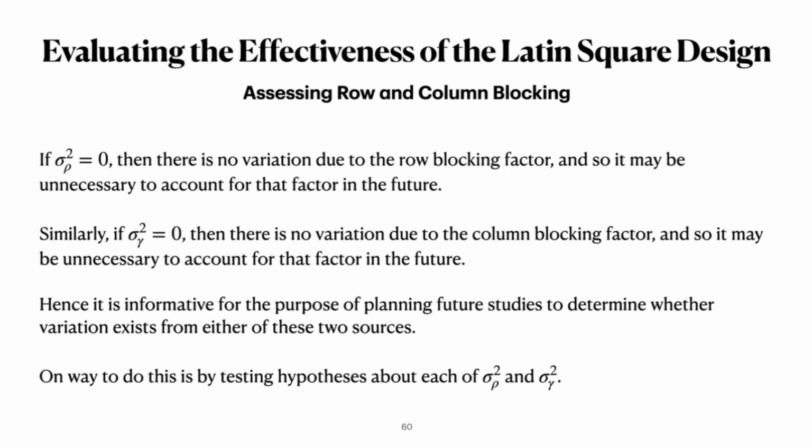Hence, it is informative for the purpose of planning future studies to determine whether variation exists from either of these two sources. One way to do this is by testing hypotheses about each of sigma squared sub rho and sigma squared sub gamma.